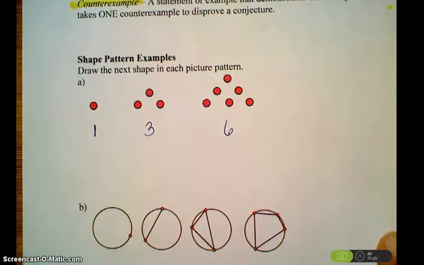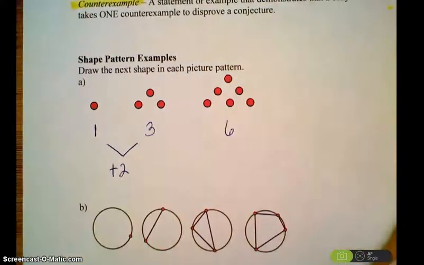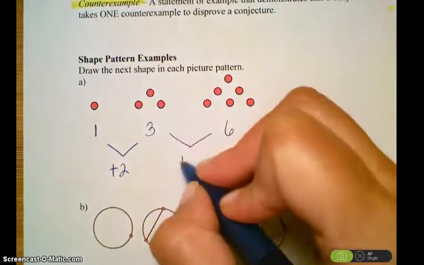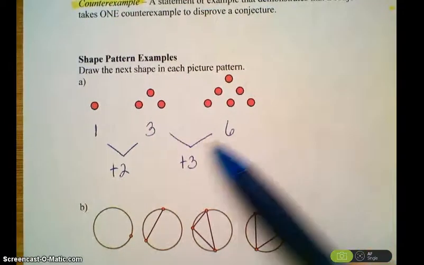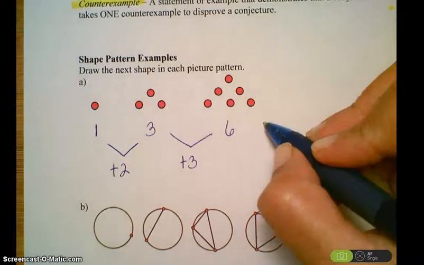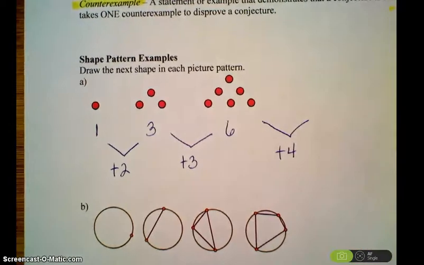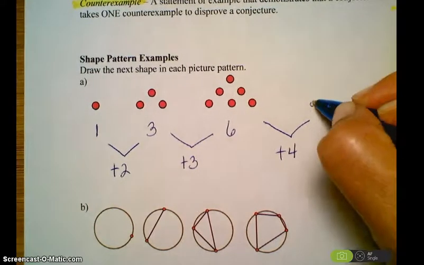I could say that 2 dots were added from picture 1 to the second picture, and 3 dots were added from picture 2 to the third picture. If I keep with that pattern, then the logical thing is that in the next picture, 4 dots will be added. And so we figure that our last picture has 10 dots.